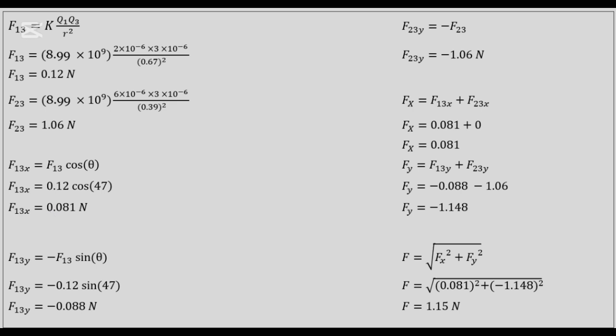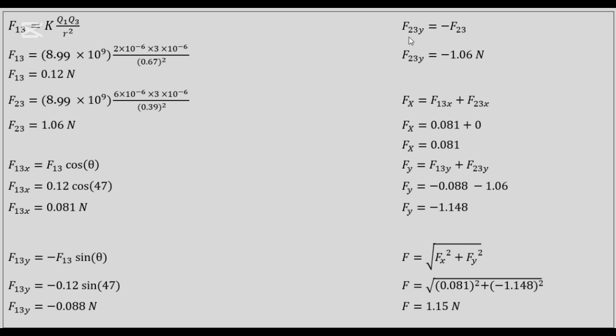Then our F13y, which is minus F13 sine theta, we do our substitution for F13, which is 0.12, then the angle, which is 47. After computing, we get 0.088 newtons, which is our F13y.